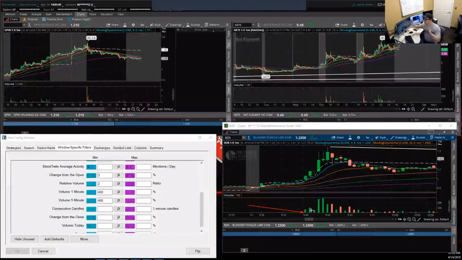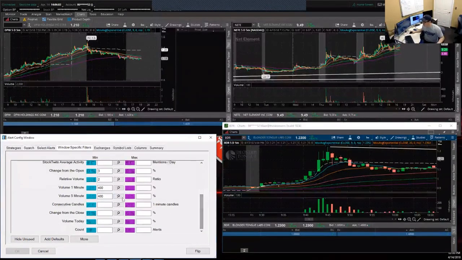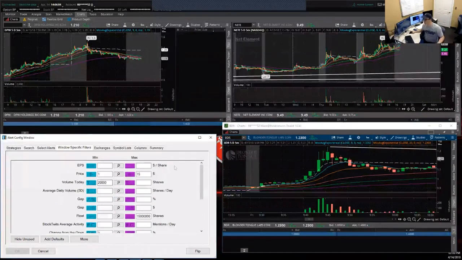Like I said, BDR was alerted on our scanner because it met all of these specific window filters. If BDR did not meet every one of these filters, we would not have been alerted. This brings me to something else: every once in a while, you will in fact miss some penny stock. Some penny stock will take off and run, and you won't know about it because it doesn't hit your scanners.